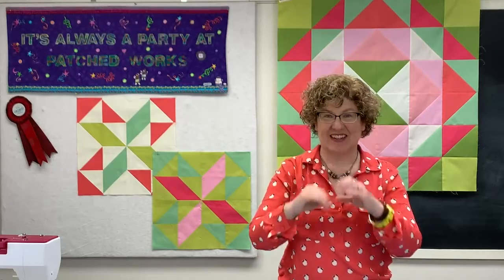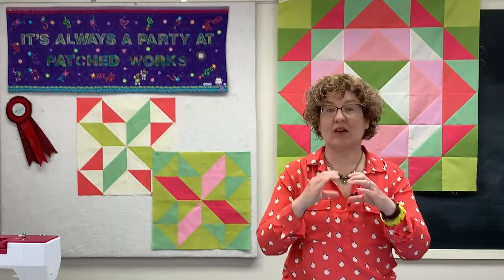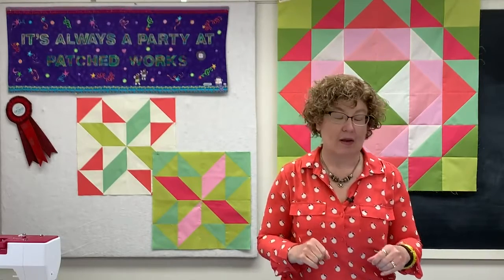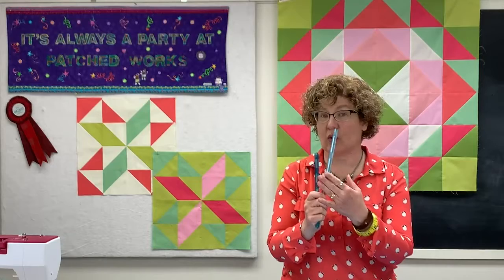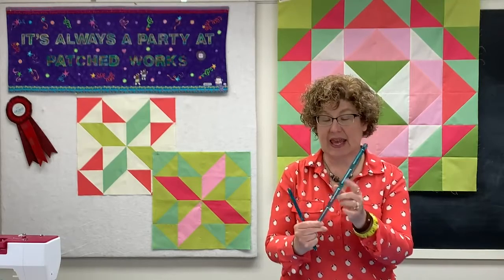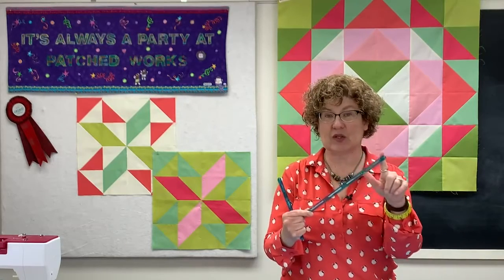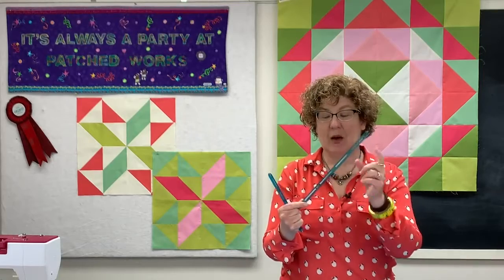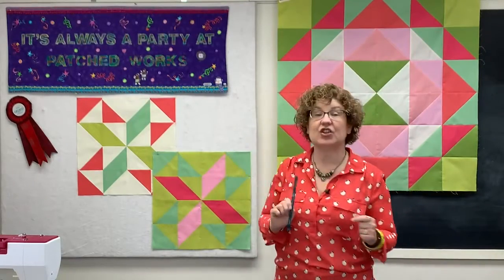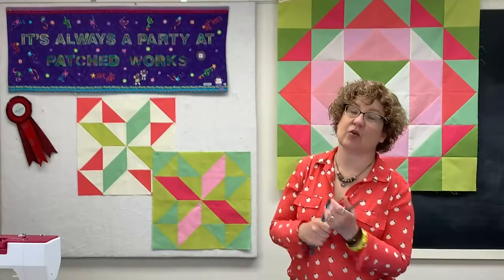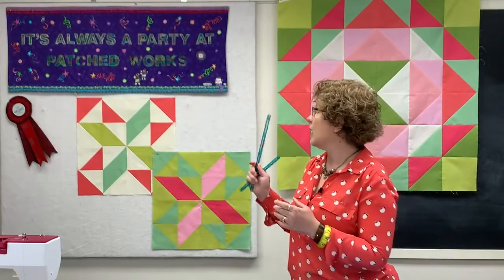So we're going to start by cutting squares and pairing the squares together, sewing them. I love to mark with my quick quarter rulers, and in this case I preferred to use my larger size because it was easier to handle with the large squares that we started with.